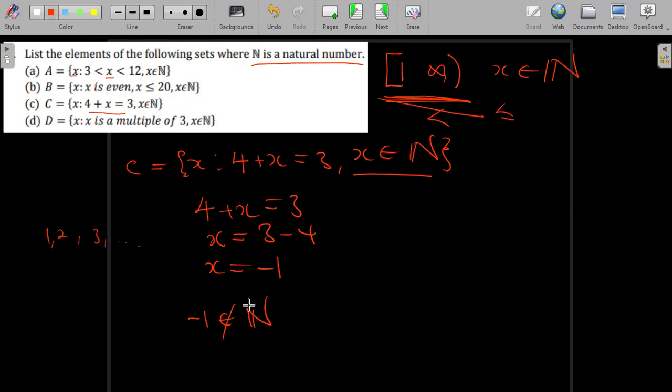So this set has to be empty, meaning it won't have any element since negative 1 is not a natural number. So C is just going to be equal to the empty set. You can write it like this, or another symbol you can use to denote the empty set is phi, like this. This is called phi. Yeah, so that's what you can use there. I don't know if it's clear now.